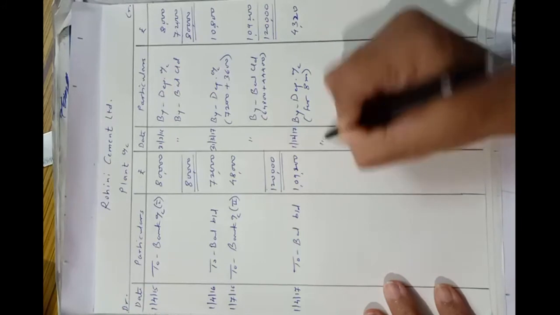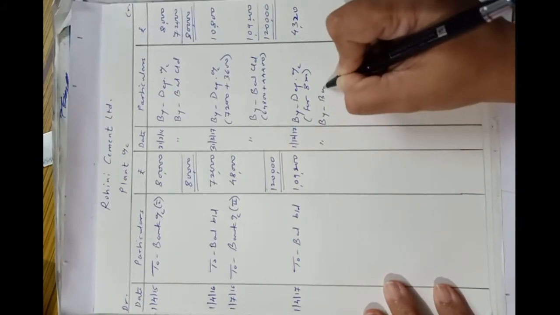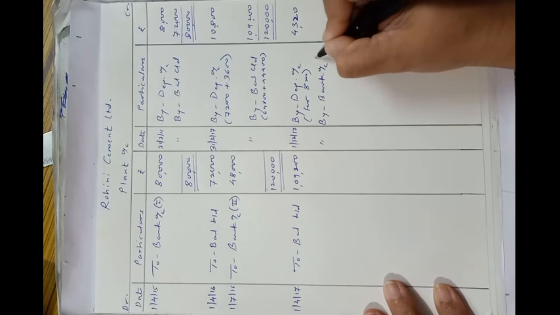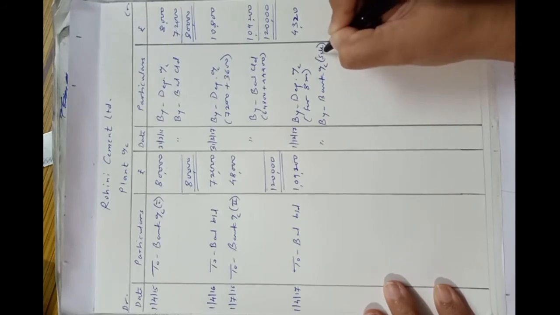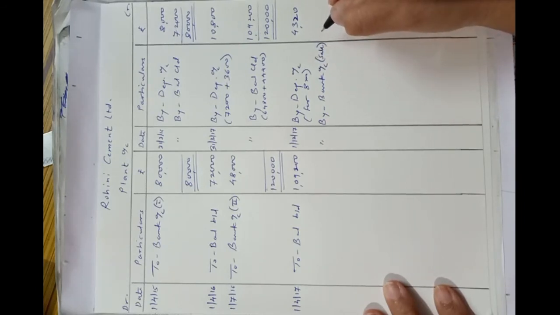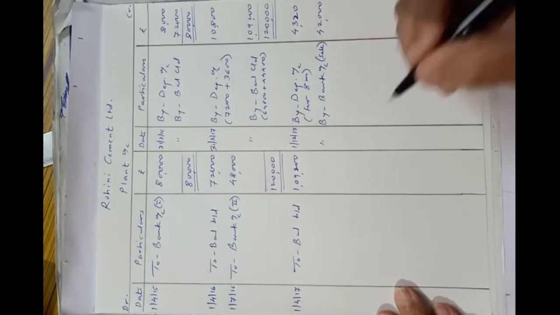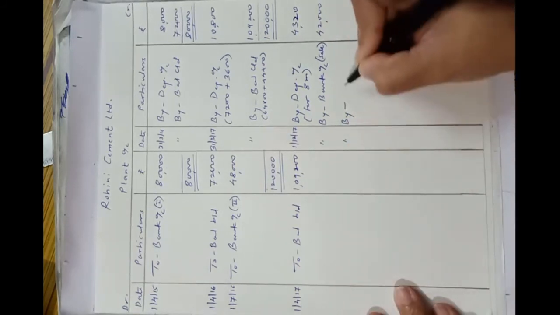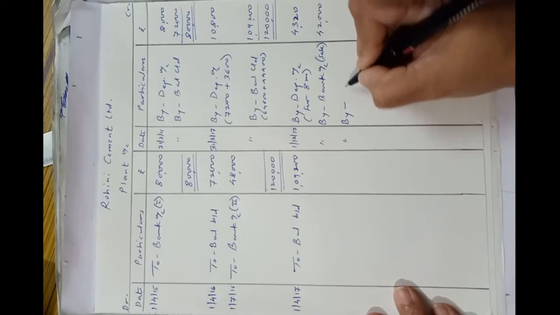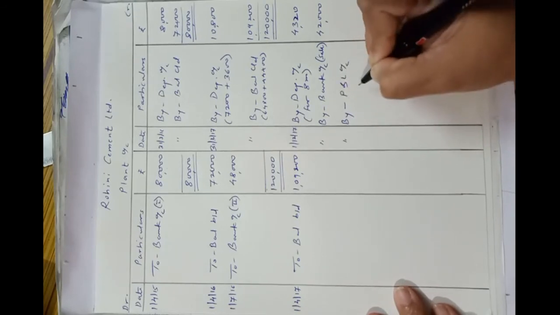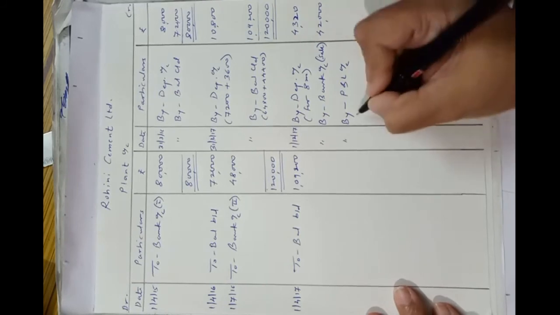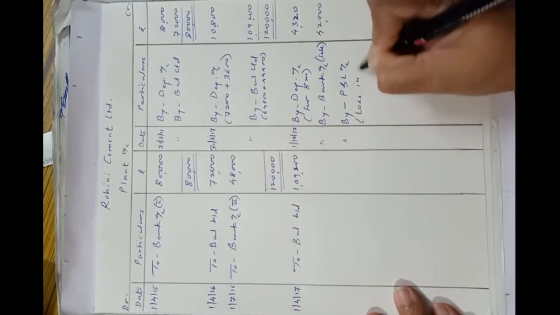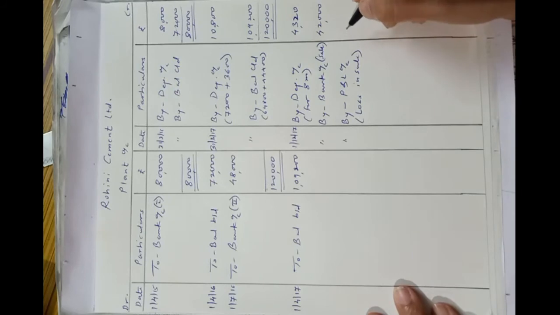Now on the same date, by bank account, sale, it was sold for rupees 42,000. And now, if there is a loss, the entry is made on the credit side; if there is a profit, on the debit side. So here there is a loss of 18,480. So by profit and loss account, or you can write by statement of profit and loss, loss on sale, and the amount is 18,480.